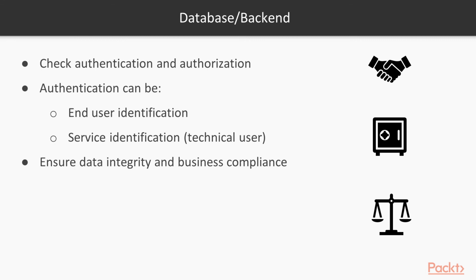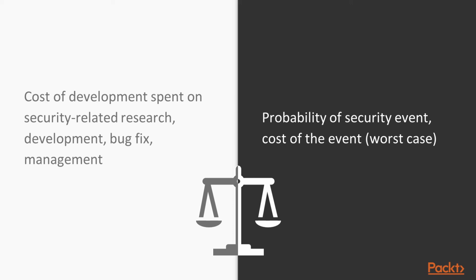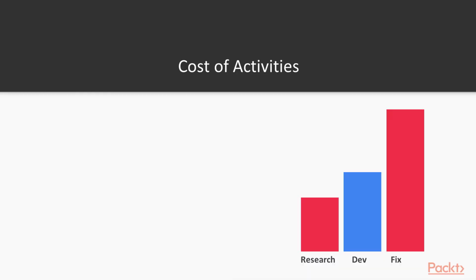And last but not least, when we are talking about security, we have to think about how much we spend on security-related research, development, bug fixing, and management. We always have to keep it in balance with the probability of a security event and the cost of the event that it may cause in the worst case. And the cost of the activities is usually lower at the start. So if I invest a little bit more into research, then I can save a lot during development.